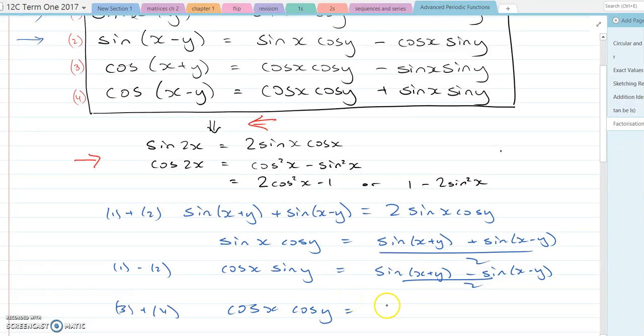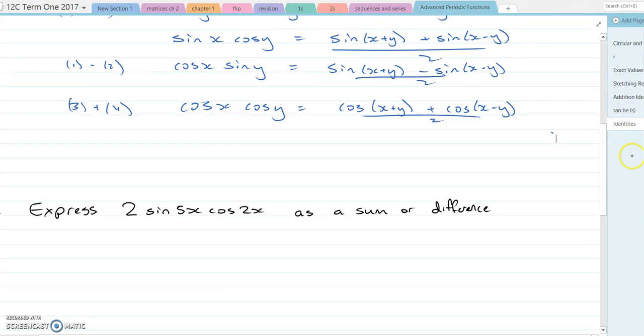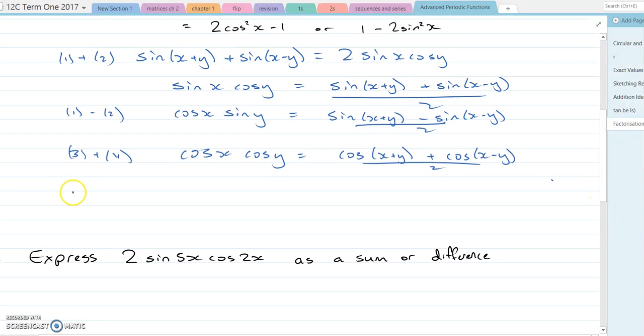It's going to be cos of x plus y plus cos of x minus y, and because I've got 2 of them, I divide by 2. And again, subtract them.